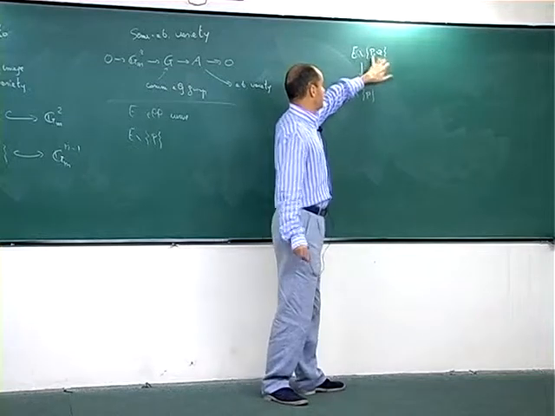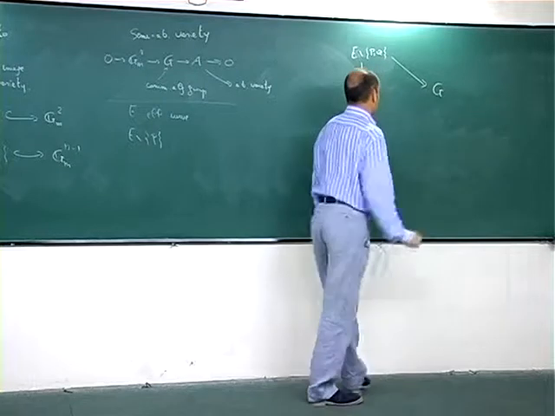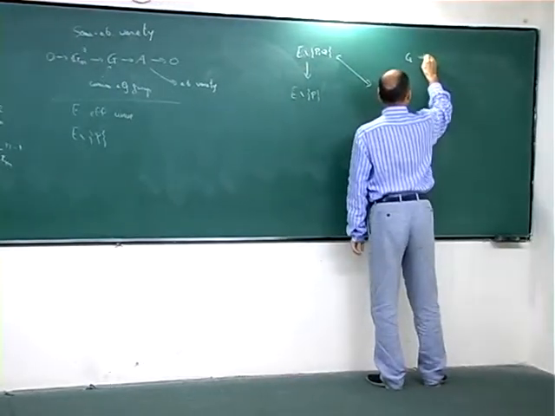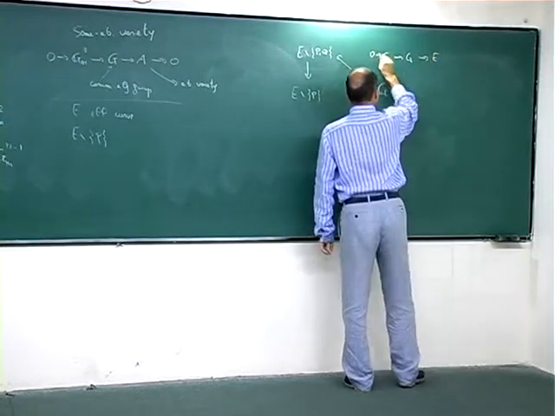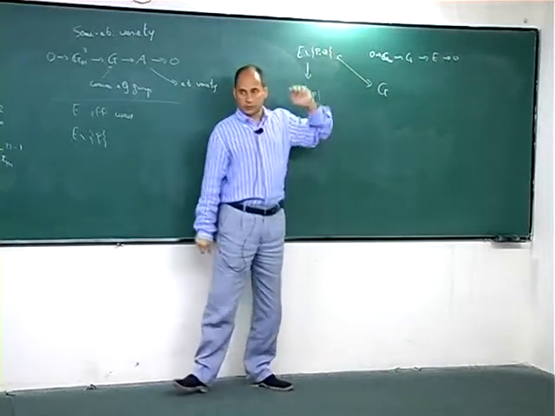In any case, you always have an embedding into G, where G is an extension of the elliptic curve by a torus. It will be a trivial extension if Q is torsion with respect to P.